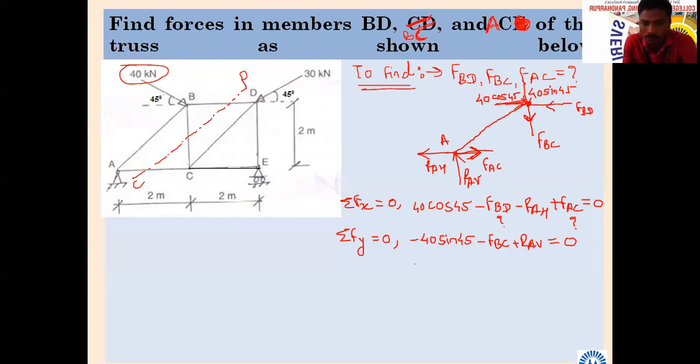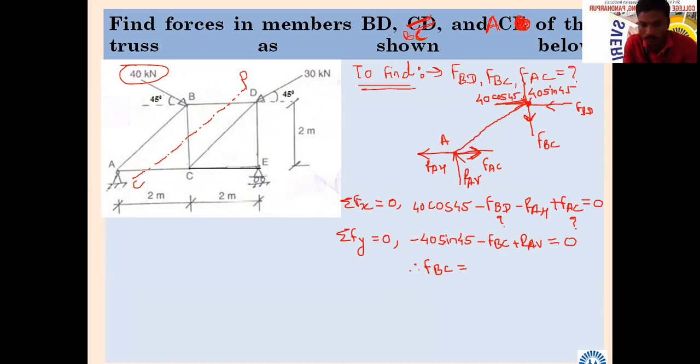FBC. कॅल्क्युलेट करून सांगू शकता किती येते? FBC. RAV. What is value of RAV? I will also calculate along with you.